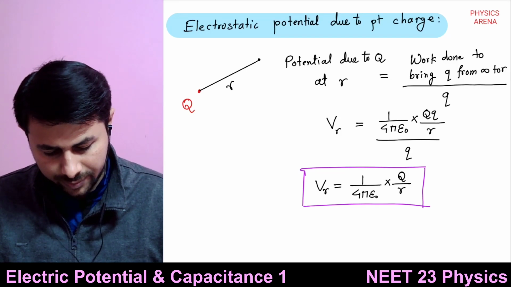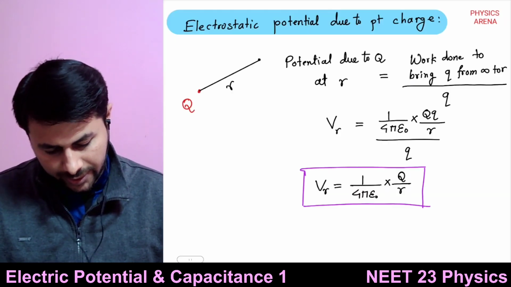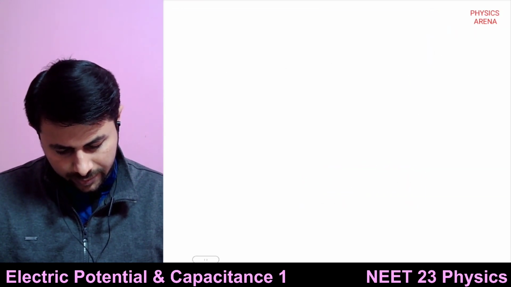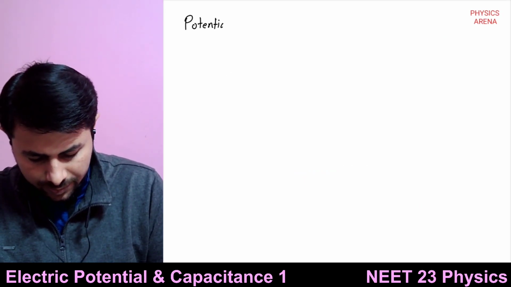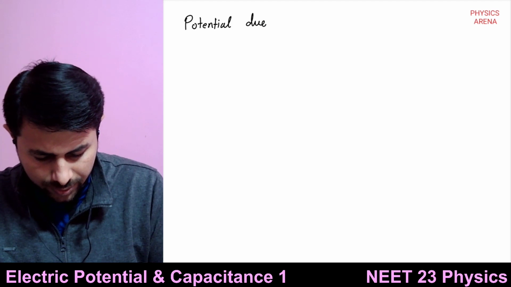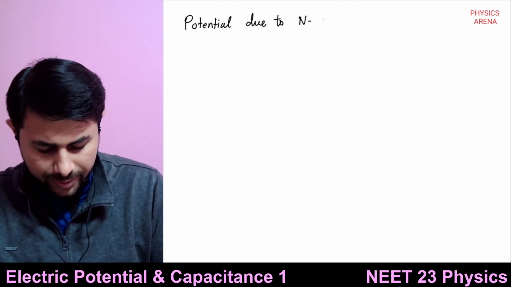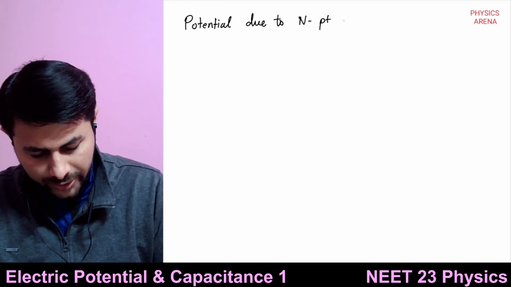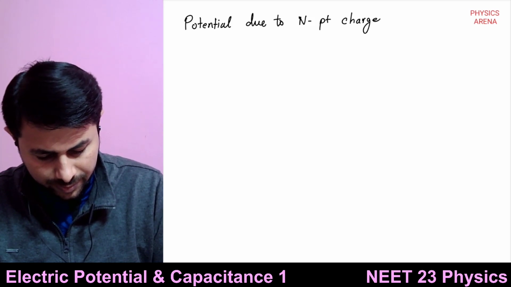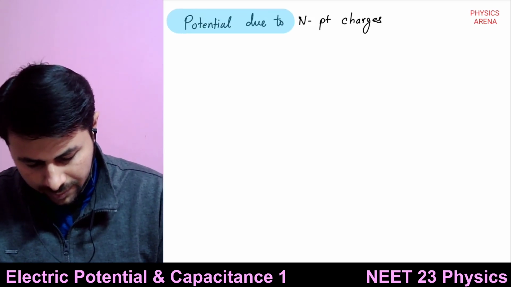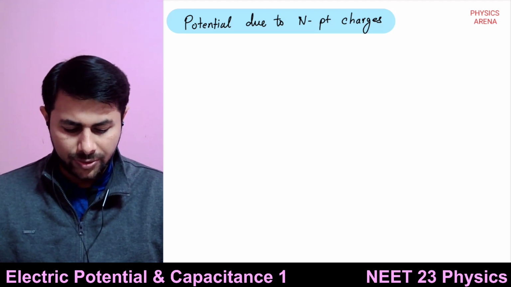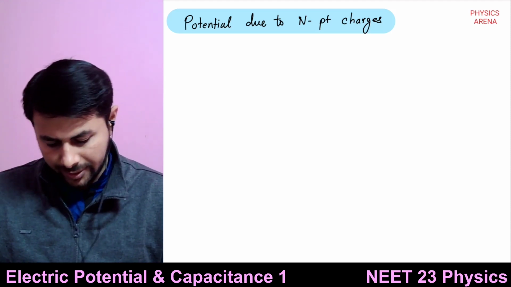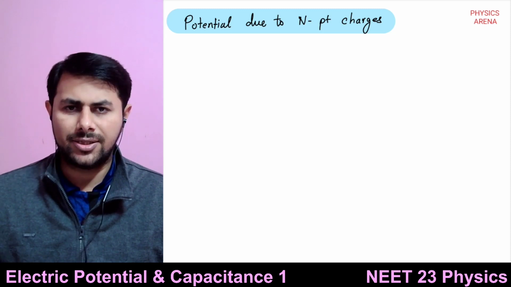Okay, next let us see potential due to n point charges. So now we have n point charges.